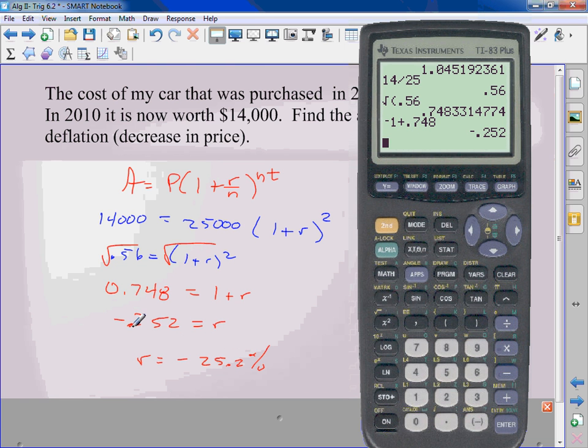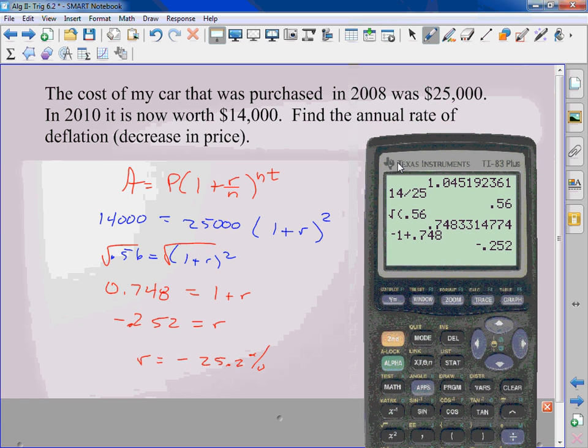Move it over 2 places. It's 25.2. Other questions on this lesson? It needs to be here at least 3 decimal places. 4 would be nice.